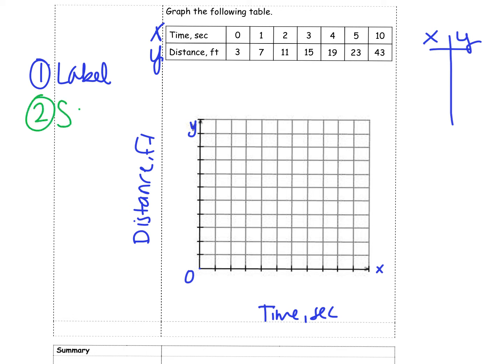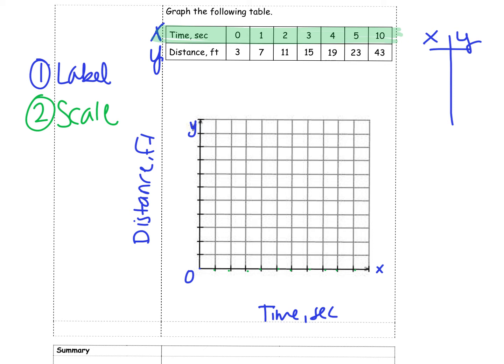Step 2, we need to scale our graph. And so we need to figure out what numbers I'm going to use. I like to start by looking at the numbers I need to fit. So when I look at this information for my x-axis, I need to fit all the numbers 0 through 10. So I'm going to see if I can count by ones. 1, 2, 3, 4, 5, 6, 7, 8, 9, 10.